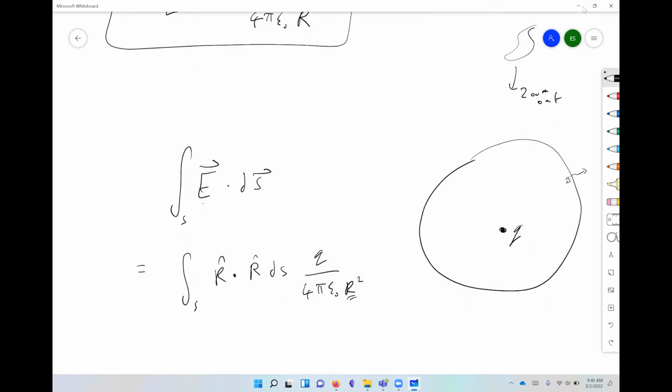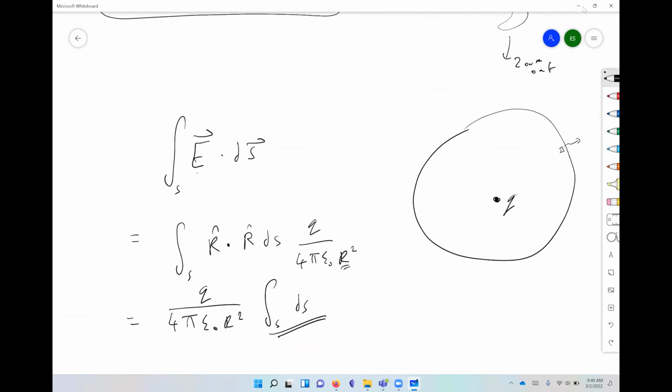R is constant, so I can take it out. It's going to be q over 4 pi epsilon naught r squared, times the integral of ds. I'm taking a surface element on the sphere, integrating on the whole sphere. This is just the surface area of the sphere. This is 4 pi r squared. So this is going to be Q over epsilon naught.